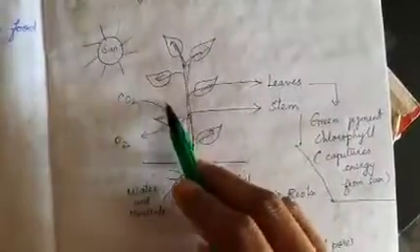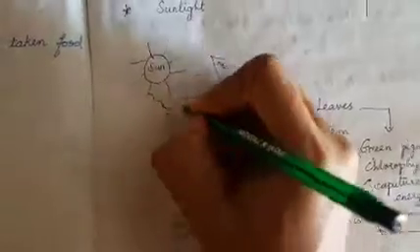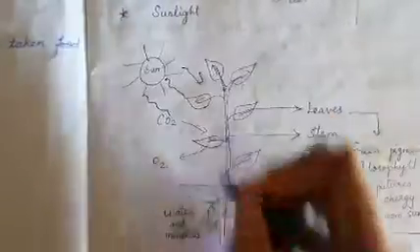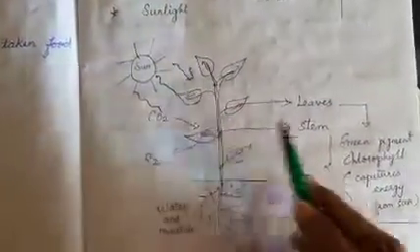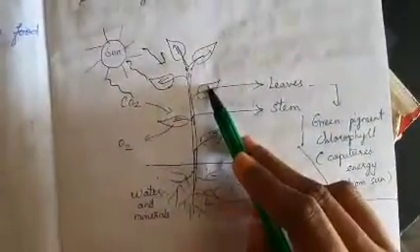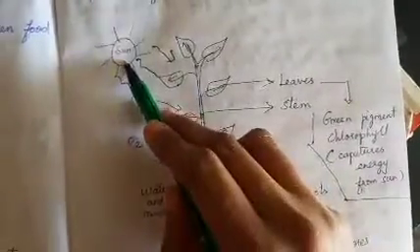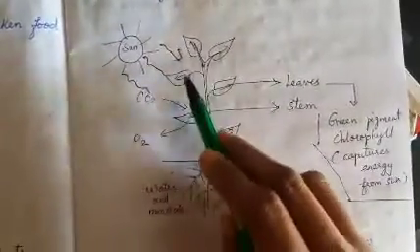The sun's rays will fall on the leaves. So the pigment called chlorophyll, the green pigment present in the leaves, will capture the sunlight, and that is also an important ingredient to prepare the food.